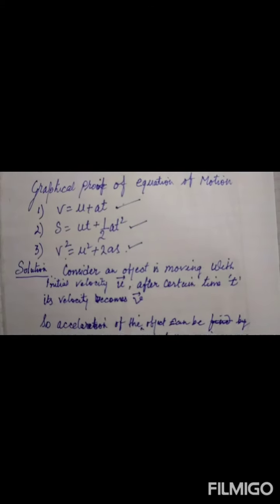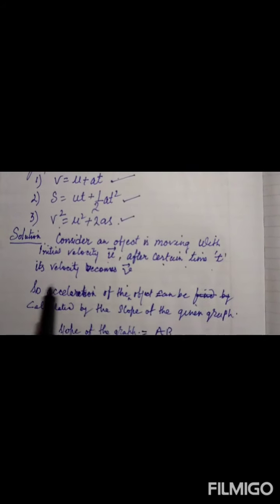So we will write, consider an object is moving with initial velocity u. After certain time t, its velocity becomes v.